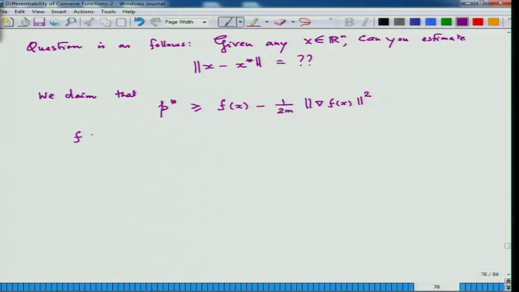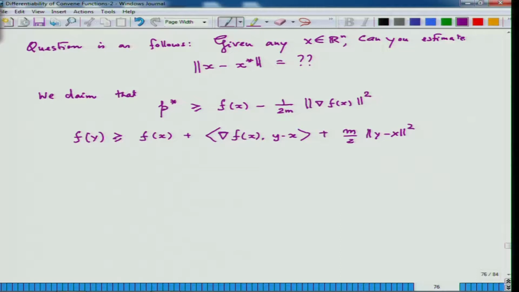Now, for a fixed x, for any other y, let us look at the right hand side of the expression for strongly convex functions.